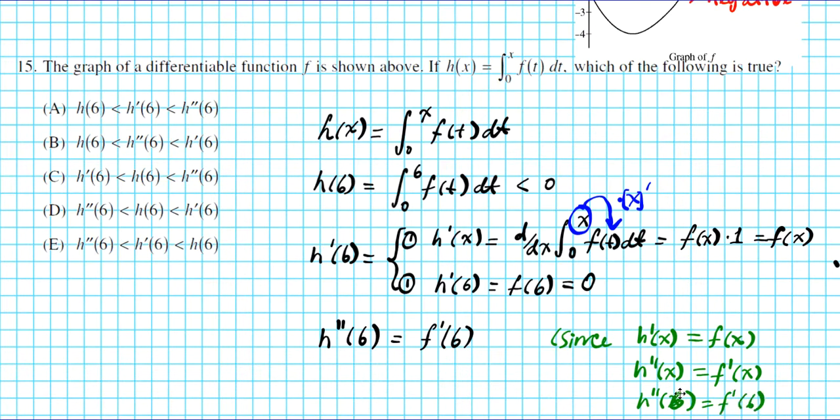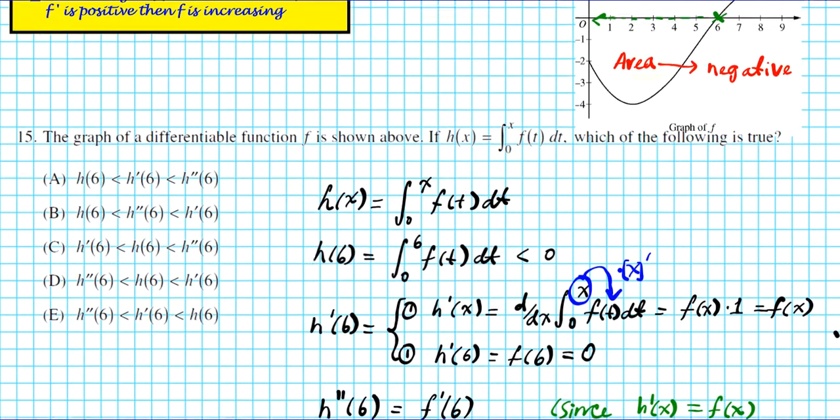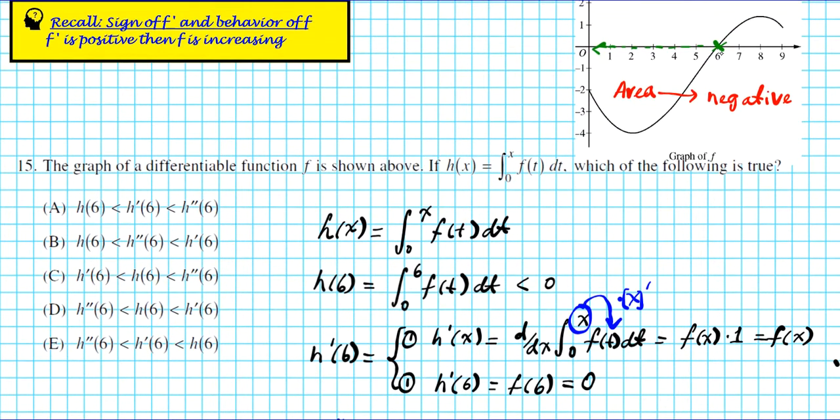So that's how I was able to arrive at this conclusion, because I looked at the previous connection right here and I saw that h prime is f of x. So h double prime will be f prime of x, and then h double prime at 6 will be f prime at 6. Okay? Alright, so what's the sign of the derivative of f at 6?